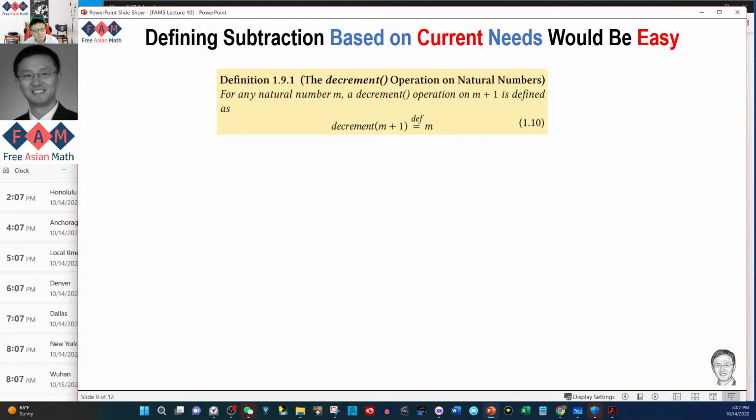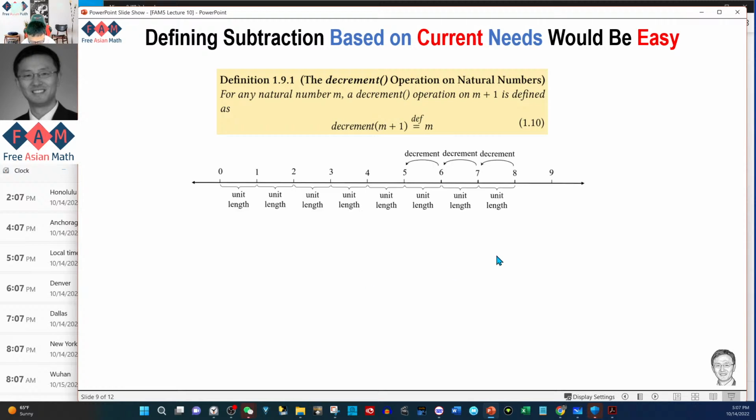You cannot do anything on 0 for decrement. Okay, that's the only difference. Otherwise, decrement and increment are just perfect inverses of each other. All right? So, with this, now we are ready to define what subtraction over natural numbers is.